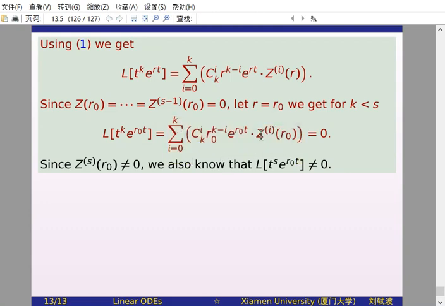But for i equal to s, this is not zero. The previous terms, i from 0 to s minus 1, are 0, but the term i equal to s is not 0. So we conclude that L(t^s e^{r0 t}) is not 0. So t^s e^{r0 t} is not a solution of the homogeneous equation.